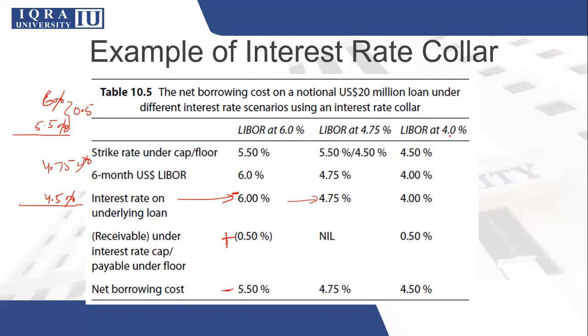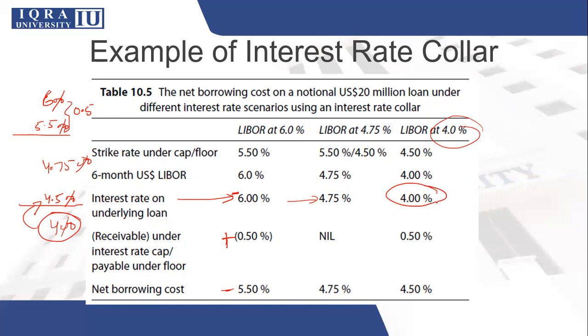Now, what happens if the LIBOR actually goes to 4%? Now it is below the floor. Once it's below the floor, the floor will get activated. And how will the floor get activated? First, you need to understand that on the loan, you will pay 4% because that is the LIBOR.